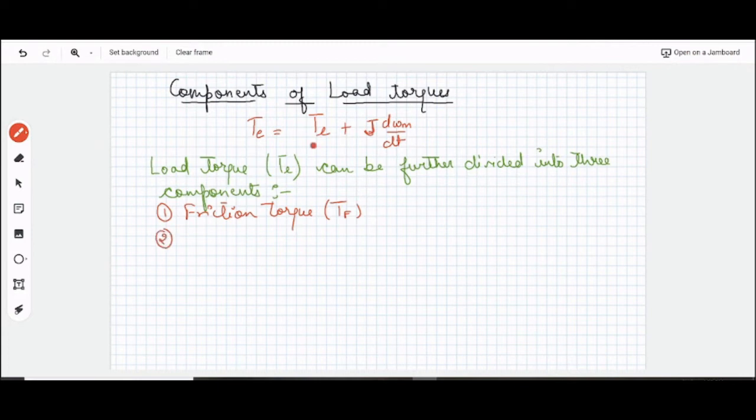The second component which could come in this load torque is the windage torque. What does this windage torque mean? Have you heard about the windage loss?